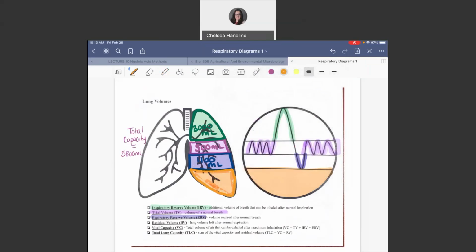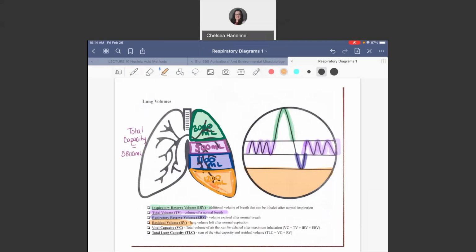This is about 1,200 milliliters that is left in this bottom portion. And that is called, like I said, the residual volume. That's what's left. We don't really use it. It's just there in case we could increase our lung capacity by doing different kinds of exercises and different kinds of things like that.